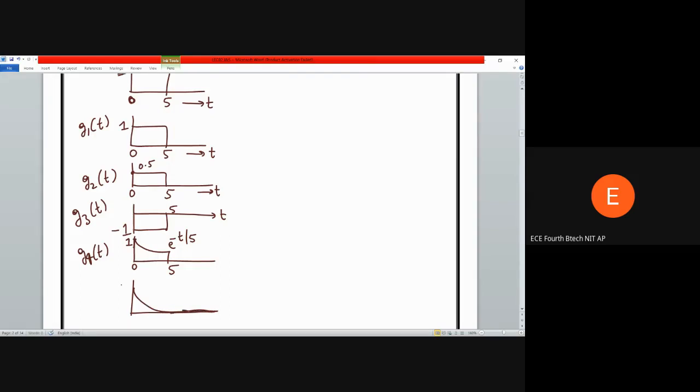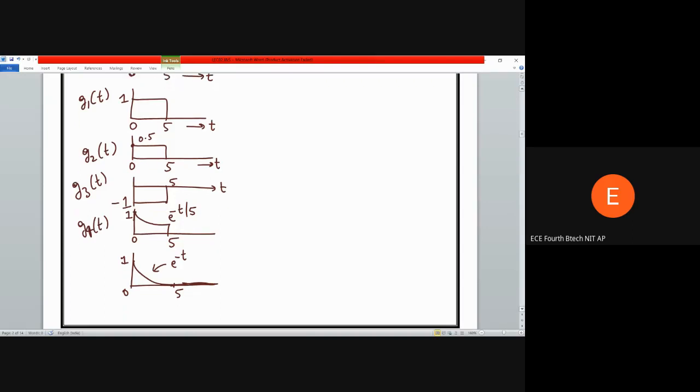Of course this is 1 and this is 0. Somewhere here you will be having 5, and the expression is given as e to the power of minus t.